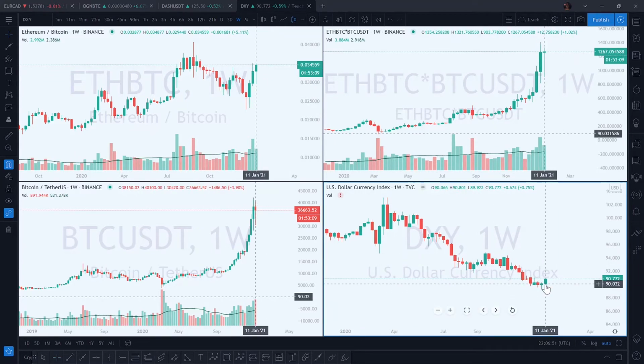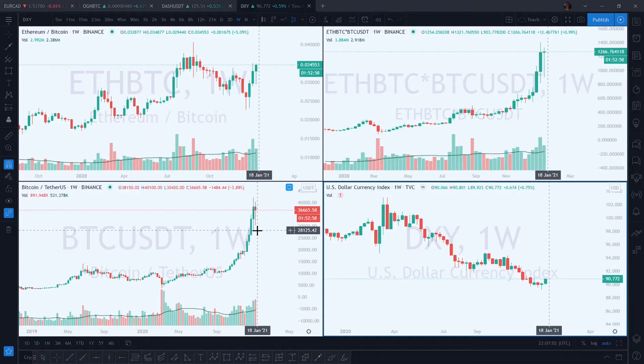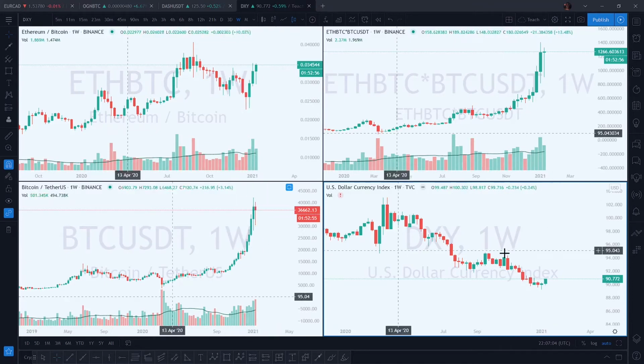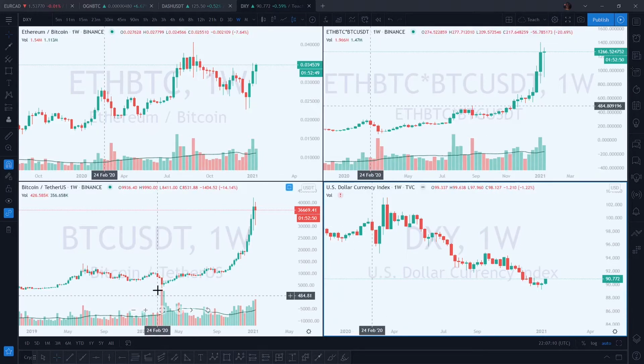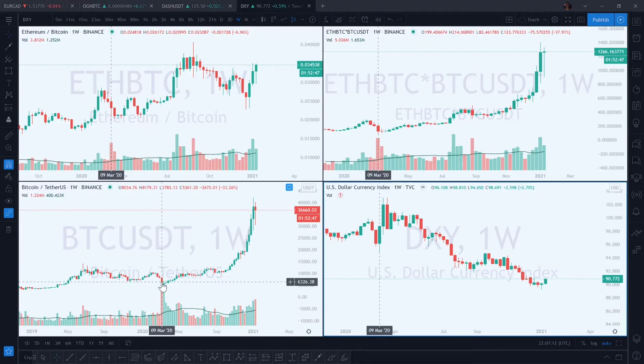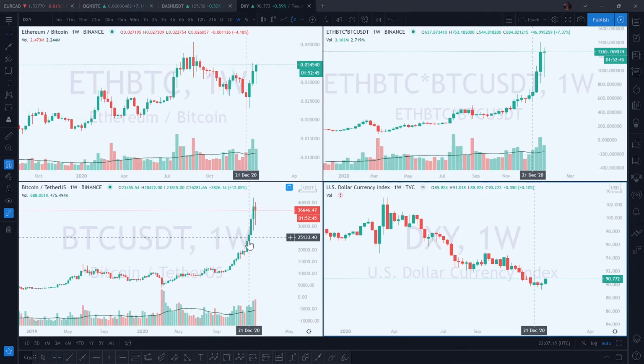Now, this particular week, we have DXY being a bullish candle. And what do we have on BTC? BTC is printing a weak candle, which shows that they move in opposite directions. When BTC is strong, the dollar is weak. When the dollar is strong, like we have in these two candles here, BTC is weak. So that is the way it should be.